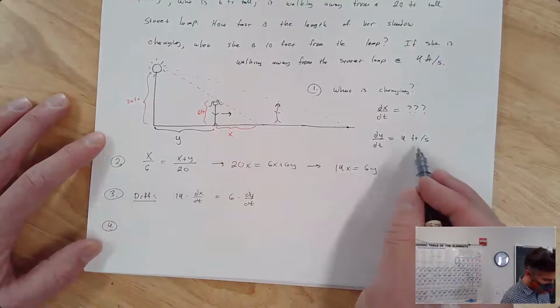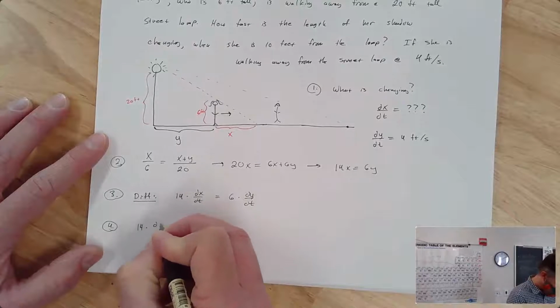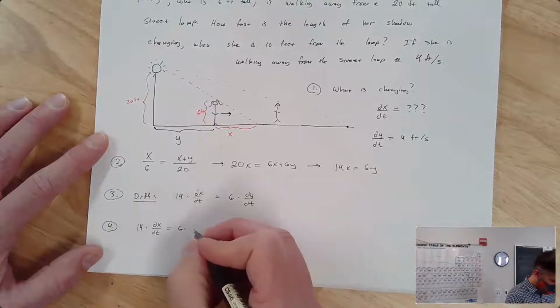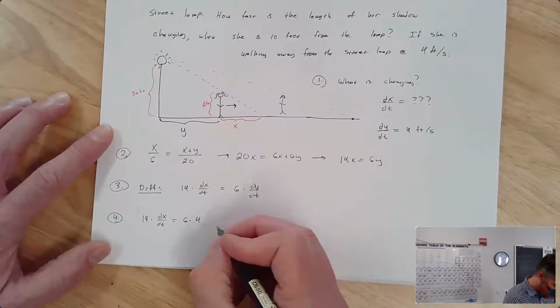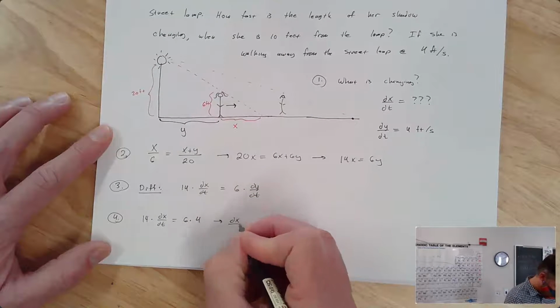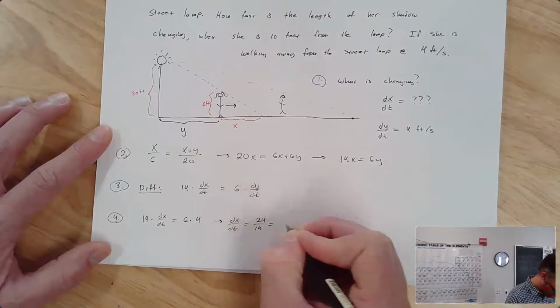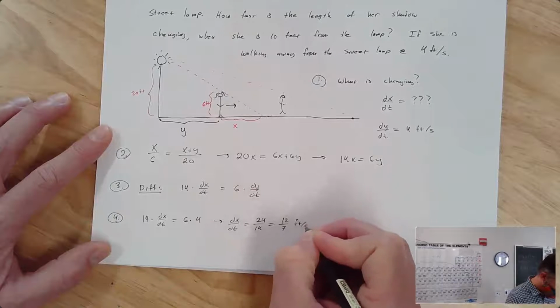And the dy dt is 4 feet per second. So I'm going to have 14 times dx dt equals 6 times 4 feet per second. So it looks like dx dt is going to be 24 over 14, which reduces to 12 over 7 feet per second.